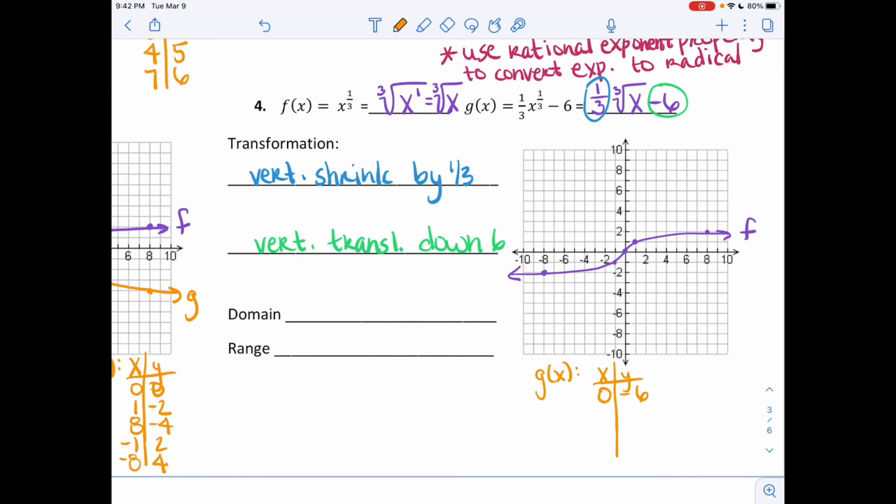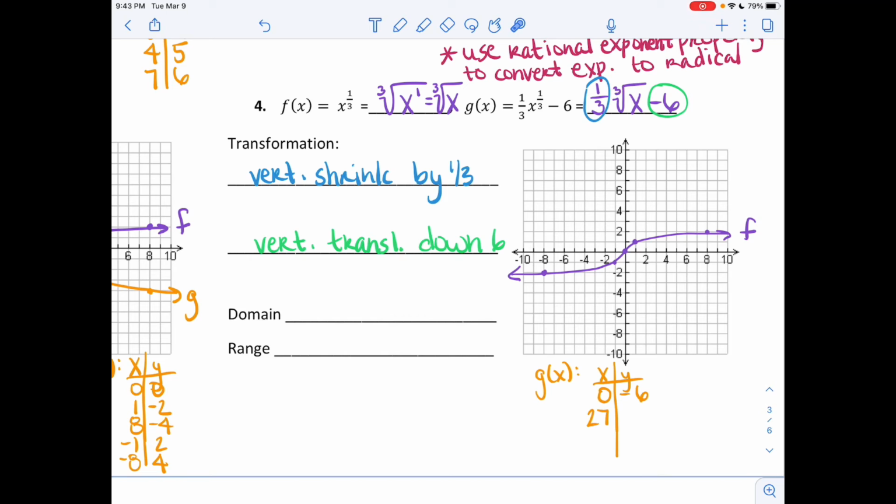I will tell you that the very next point that is going to give me a nice even number for y is a big one, and it's going to be way off of our graph. It's going to be an x value of 27. Let me show you why. I need to be able to divide by 3. So in order to be able to divide by 3 evenly, I need this to be a 3.